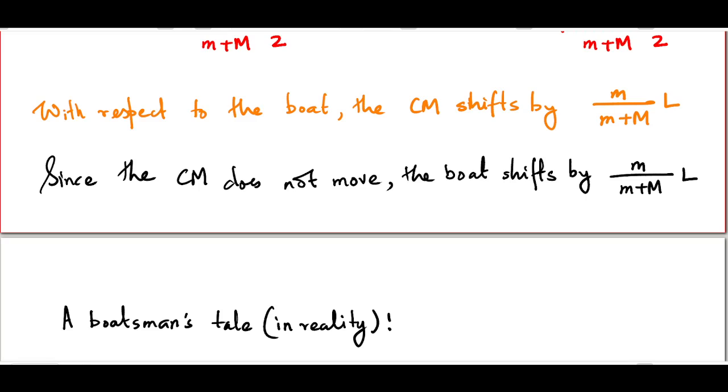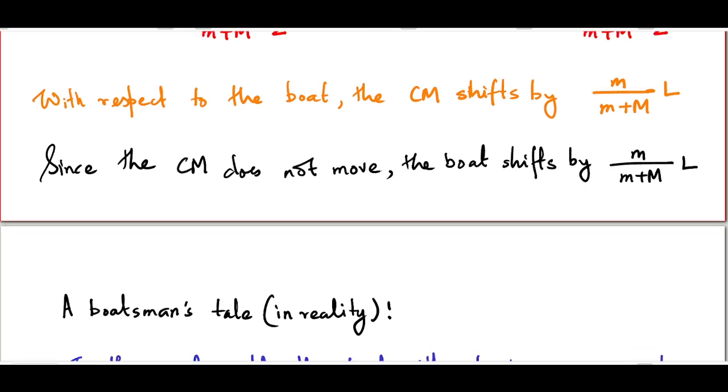Here we consider, once again, a boat floating in a still lake, at rest to begin with, and the boatman, as before, moves from one end of the boat to the other end. But what makes this a bit more realistic is that as the boat moves on the water, it is actually subjected to an external force.